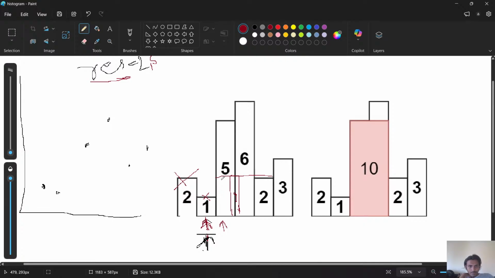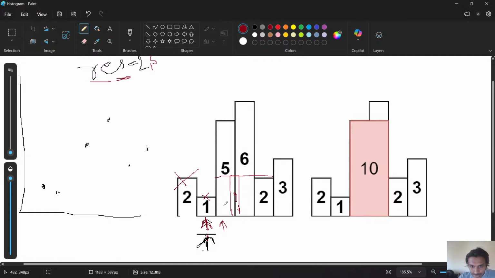That will be 2 into 3, that will be 6. 1, 2, 3, 4, that will be 8. No, that will not be 8, that will be 2, 2, 2, 2. Okay, that's it. So 5 is the smaller one.